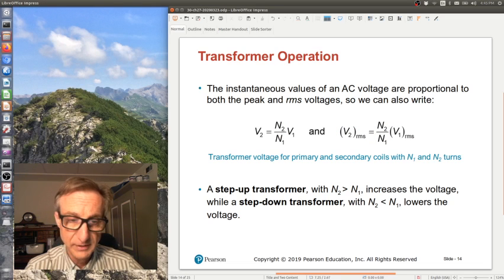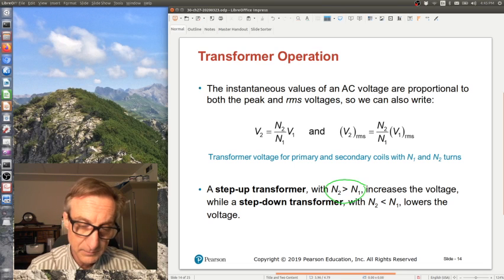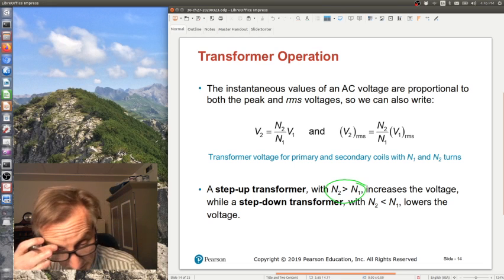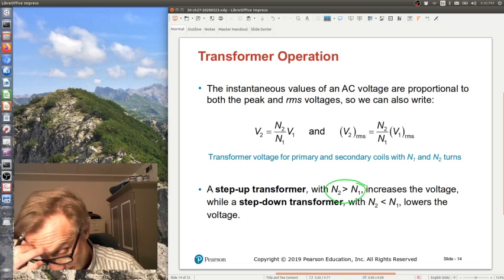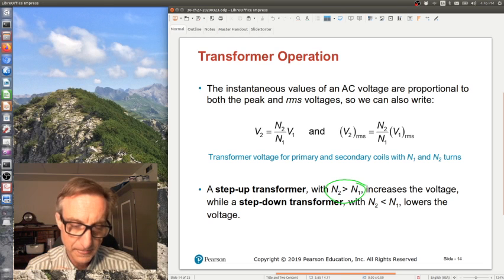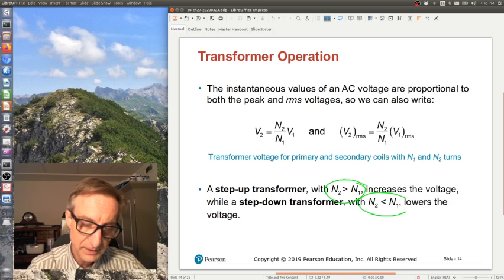We're simply transforming the voltage in the primary coil to the voltage in the secondary coil by the process of magnetic induction. Now these equations show us that a step-up transformer is one for which N2 is greater than N1. The number of turns on the secondary coil is greater than the turns on the primary coil, while a step-down transformer is one that has the opposite. N2 is less than N1.